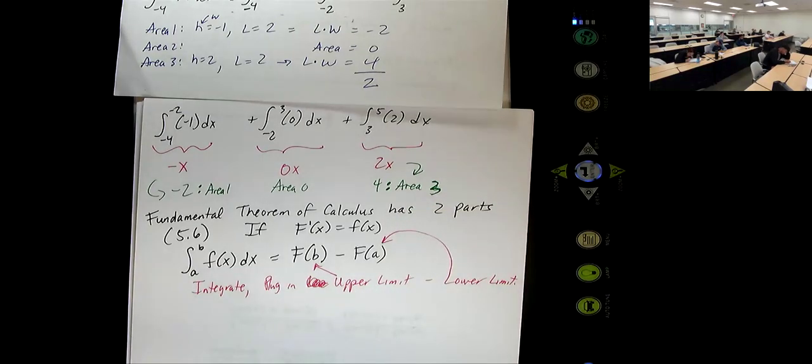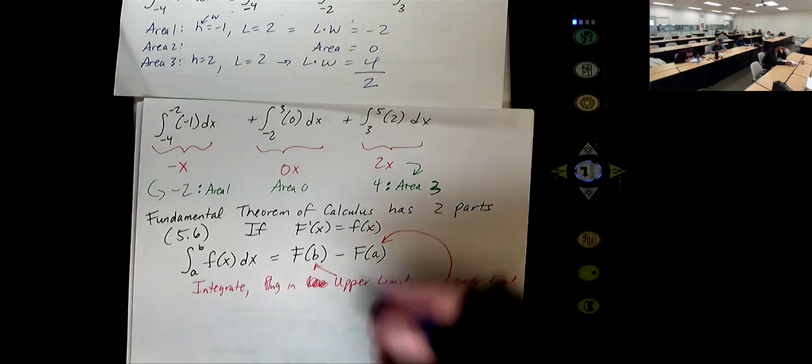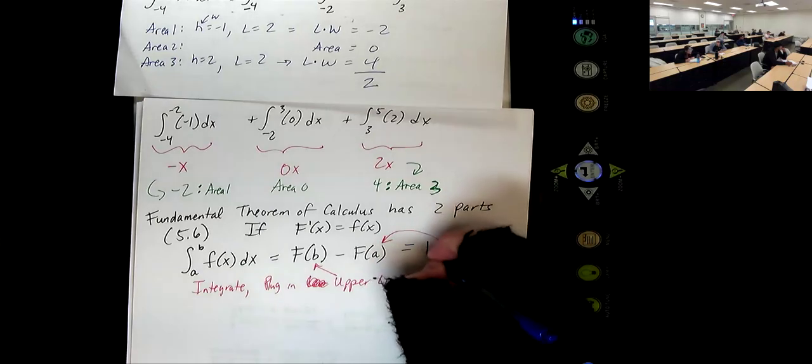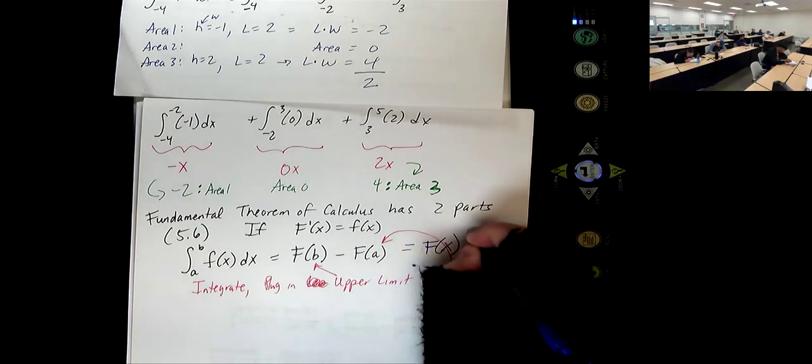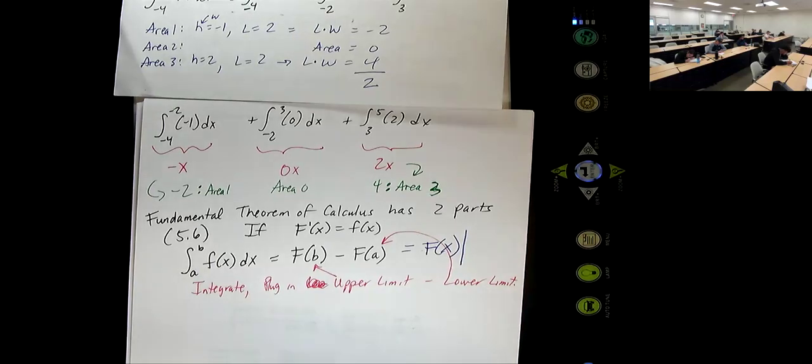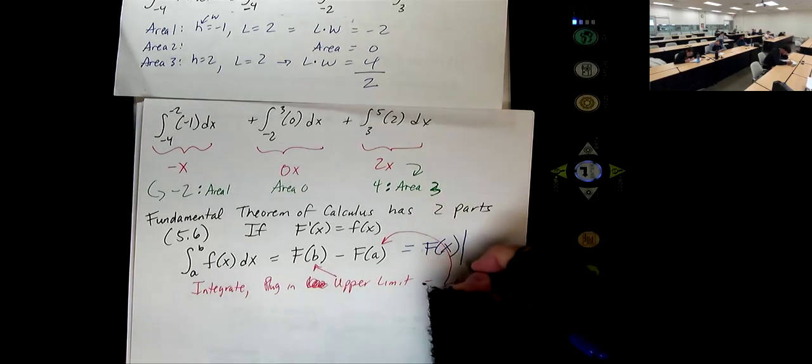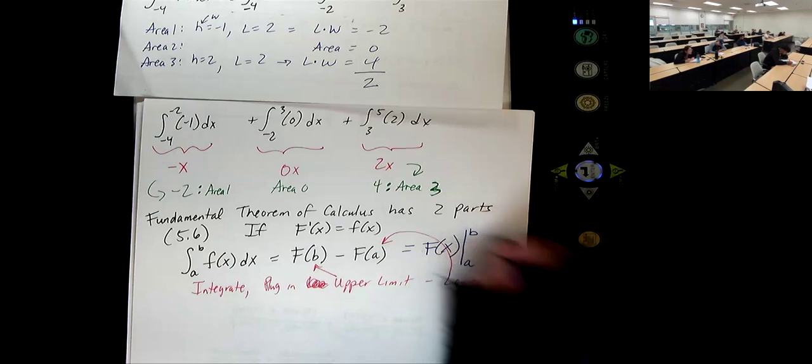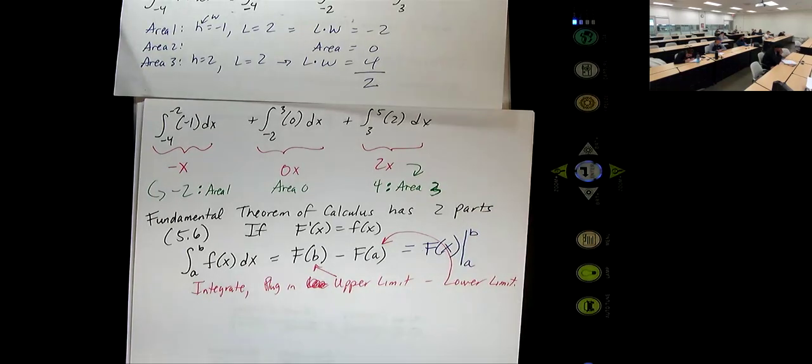And the notation they use to show this is they'll write F of x, put a long vertical bar, and write a to b. That tells you that's where you show your limits before you actually do the evaluation.